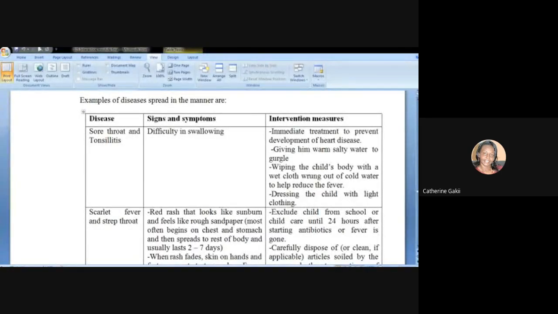So when you have sore throats every now and then, your heart is affected. So you take immediate treatment when you have sore throats and tonsillitis to prevent that from becoming a heart disease.